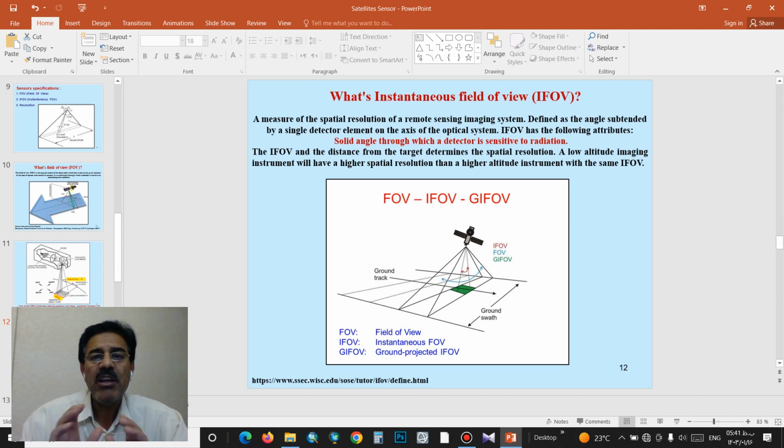So, IFOV or instantaneous field of view determines pixel size or cell size or spatial resolution according to this slide.